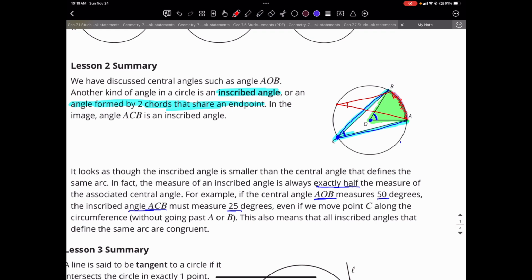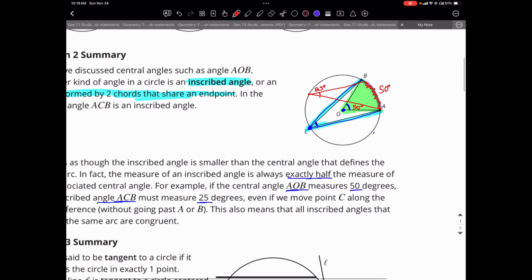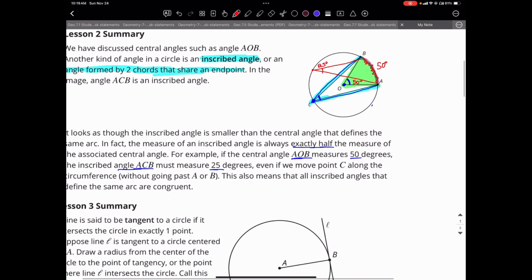If this central angle is 50 degrees, then this inscribed one would be 25 degrees. Being a central angle, it's the same as the arc, so this arc would be 50 degrees, and being an inscribed angle, it's half the measure of the arc.